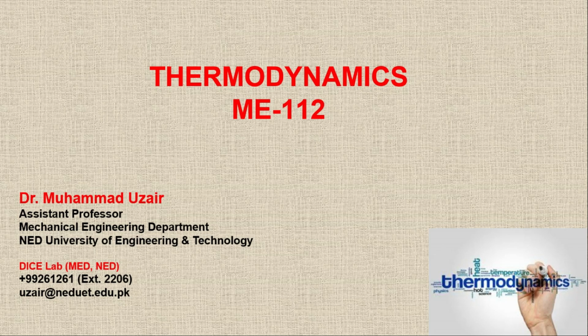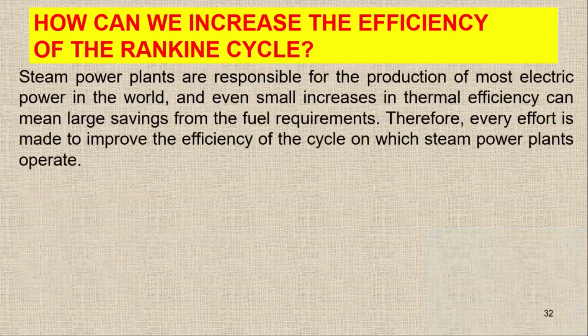So first of all, there is a question: why are we so concerned with increasing the efficiency of the Rankine cycle? The answer is that when we are talking about electric power, steam power plants are responsible for the production of most electric power in the world.